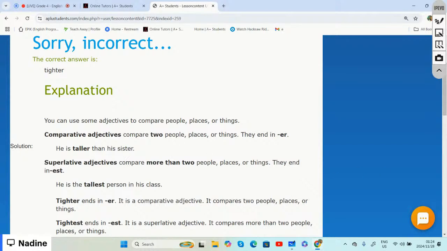And our superlative adjectives, it ends in est. Yes, so we have slow, slower, slowest, loud, louder, loudest, even dirty, dirtier, dirtiest.